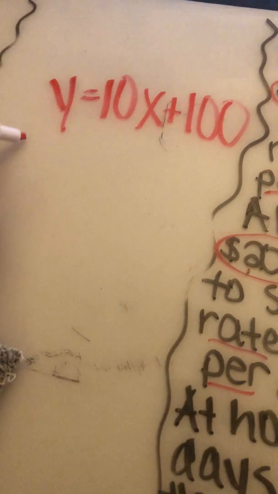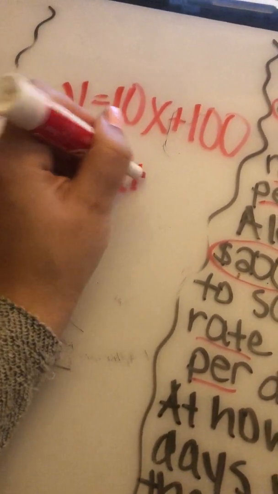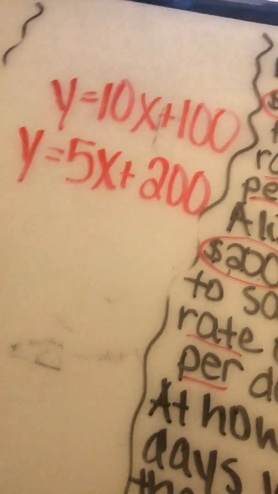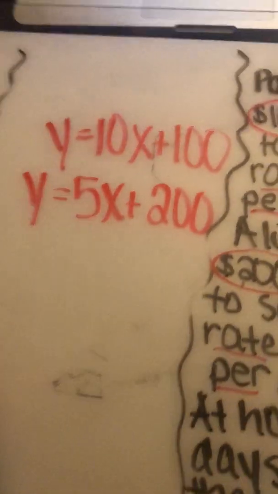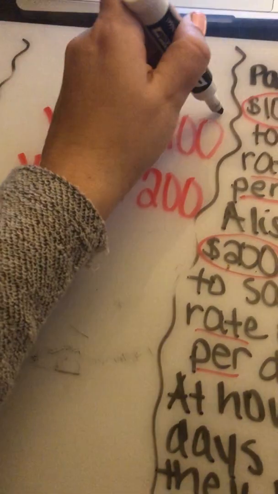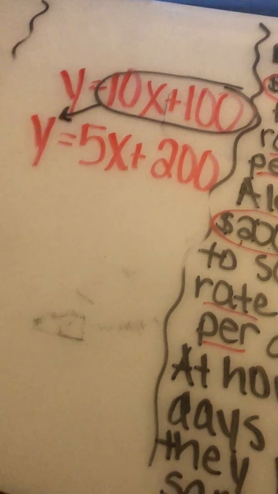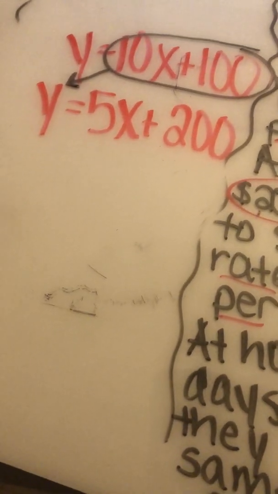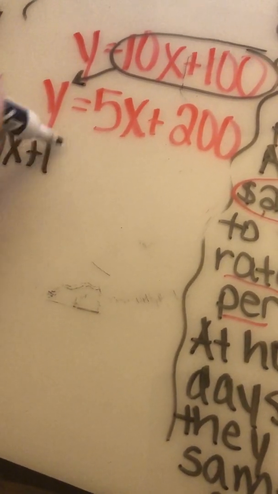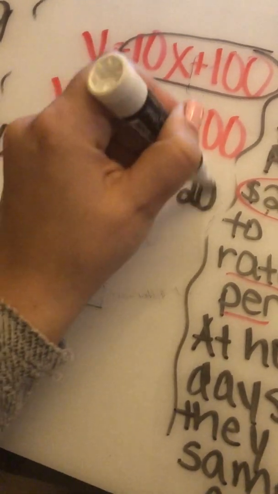And Allison's would be y equals $5 per day plus the 200 she has. And then the directions are going to say solve using substitution. So to solve using substitution, you would take what y equals, plug it in here, and then we would wind up getting 10x plus 100 equals 5x plus 200.